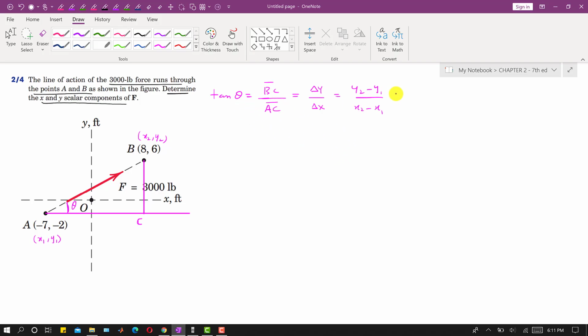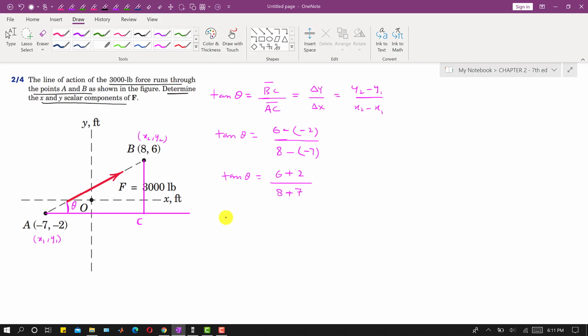So we can find this theta, right? So let me write that tan theta is equal to y2, so y2 is 6 minus, and y1 is minus 2, so I will write minus minus 2, and similarly x2 is 8 minus, and x1 is minus 7, so I will write minus minus 7. So we can write that tan theta is 6 plus 2 over 8 plus 7, right?